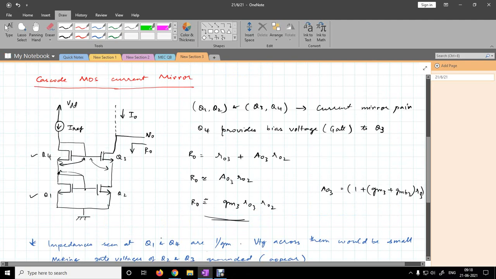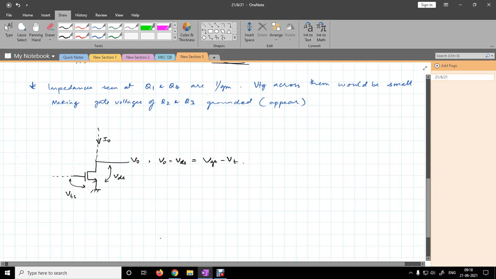So here all the 4 transistors Q1, Q2, Q3, Q4 should be in saturation only. This is for a simple current mirror. So the output which you see should be at least VGS minus VT.